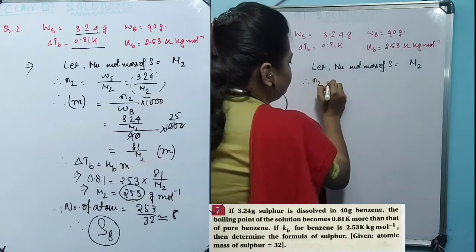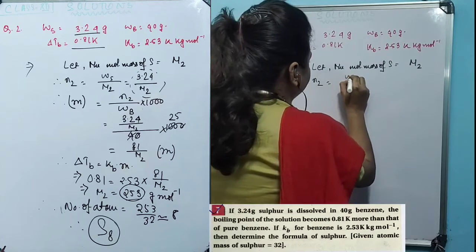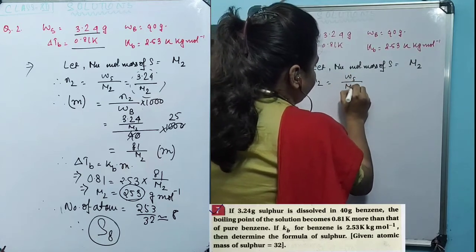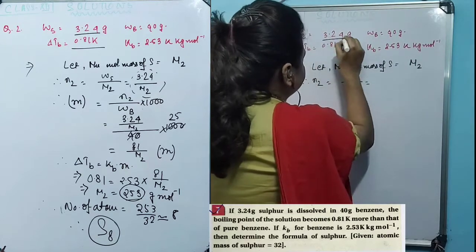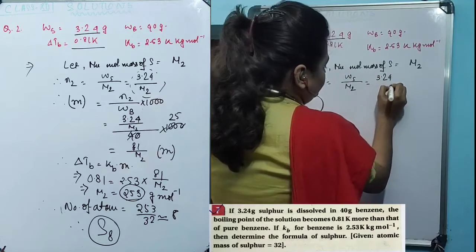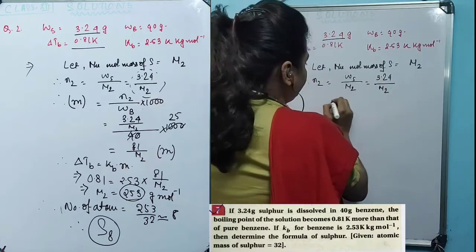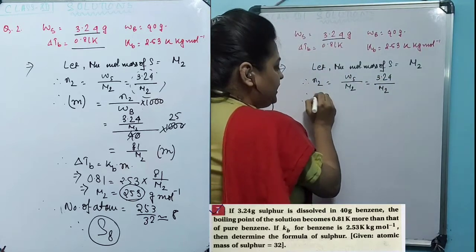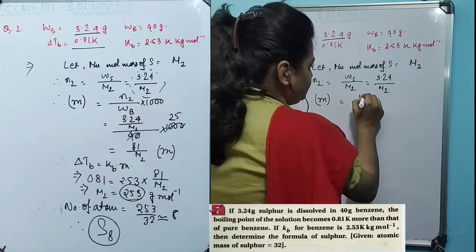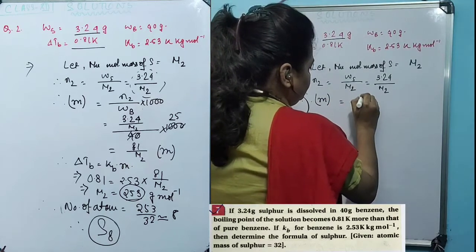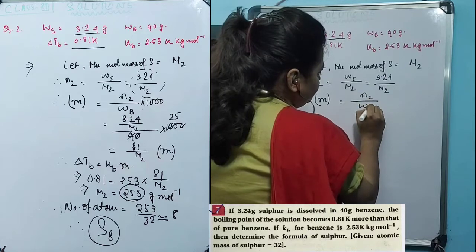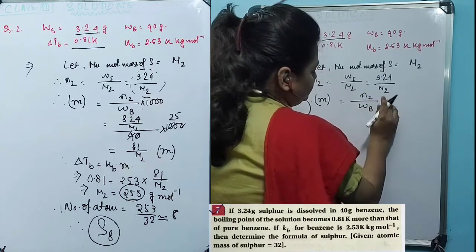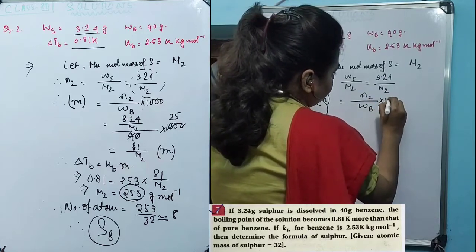Therefore, the mole number of sulfur will be given mass of sulfur by M2. Given mass is 3.24 gram by M2. Therefore, the molality of the solution will be N2 by WB, the mass of benzene, multiplied by 1000.